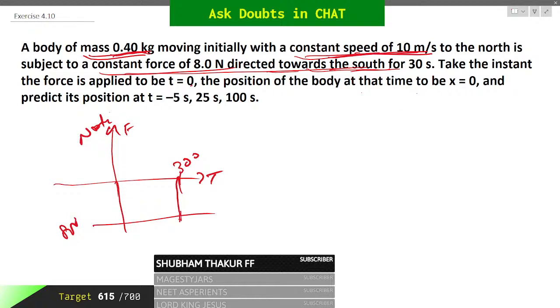So similarly we will get the value of velocity at the end of 30 seconds, and since we have the velocity and the time, we can calculate the position at different instances of time. Now moving on to the next question.